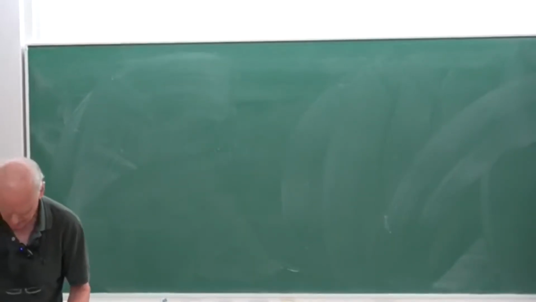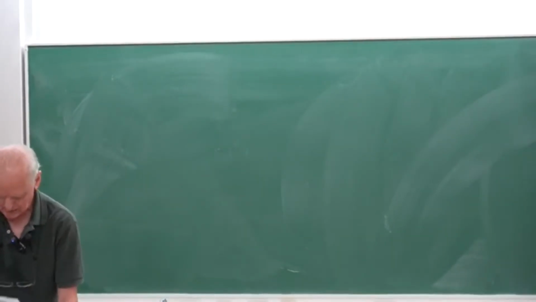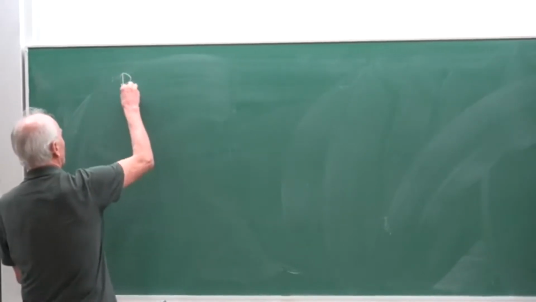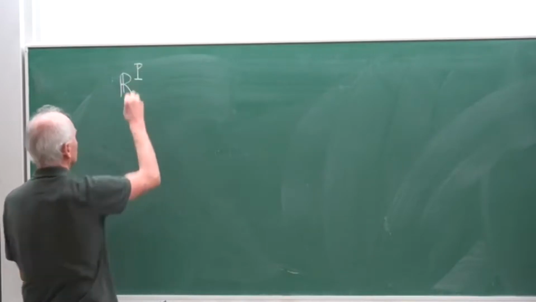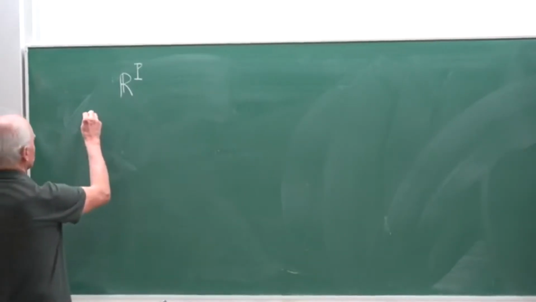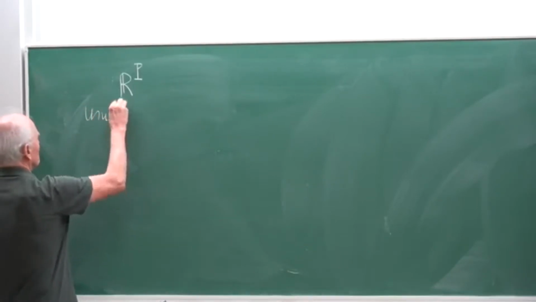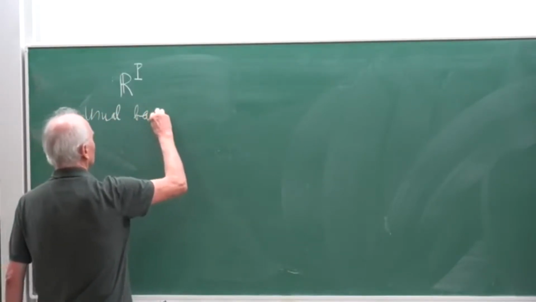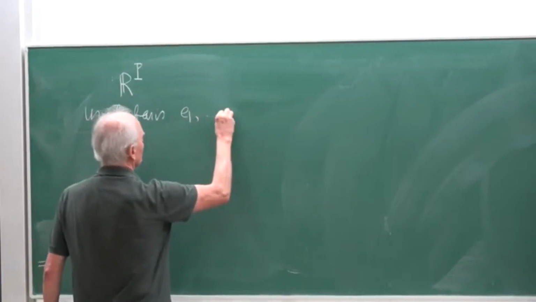So multilinear algebra. So let's begin. So we're going to be in some high-dimensional Euclidean space, say Rp, with the usual orthonormal basis, E1 up to EP.